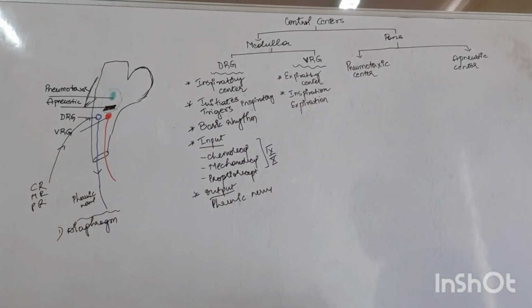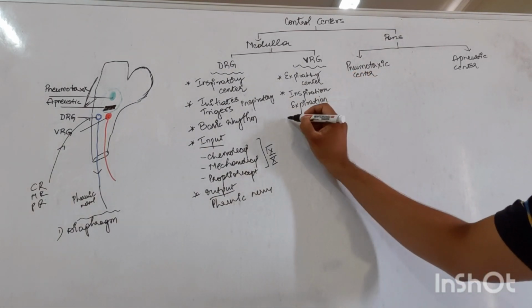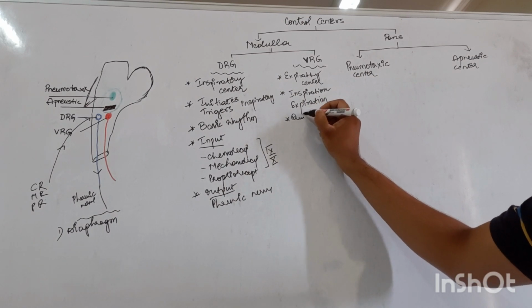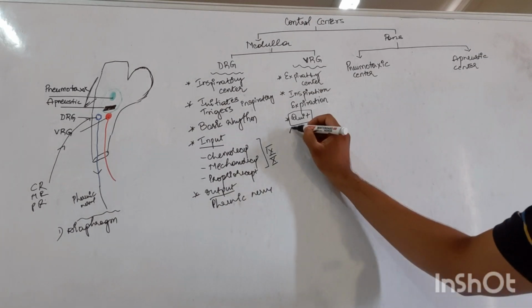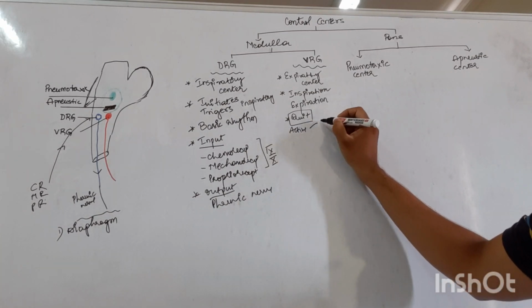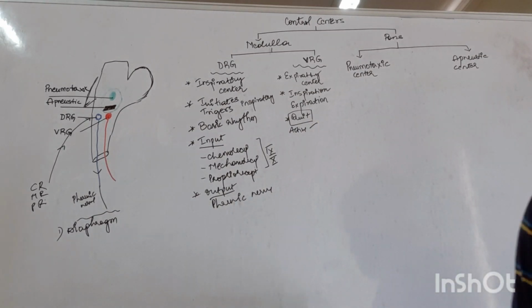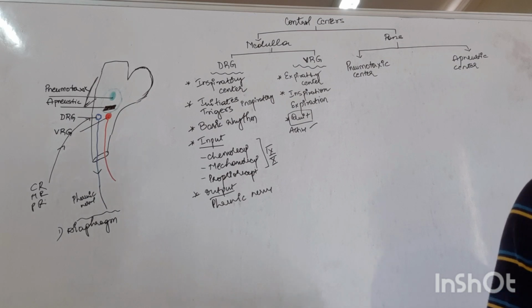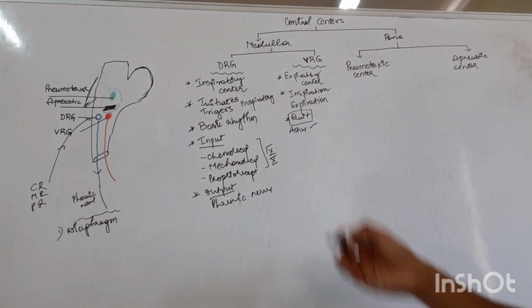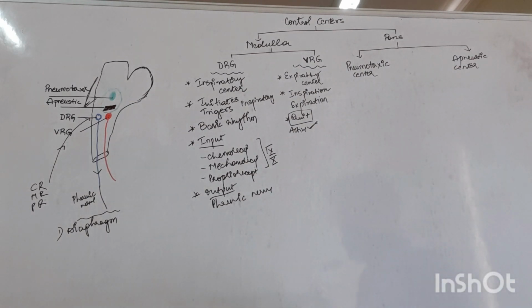However, the most important point to be remembered is that these are quiet or silent during normal respiratory process, and they are active during heavy exercise, or whenever there is a need for a larger volume of air, they become active.